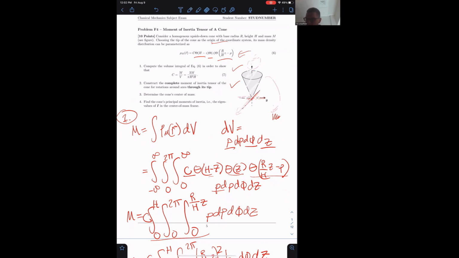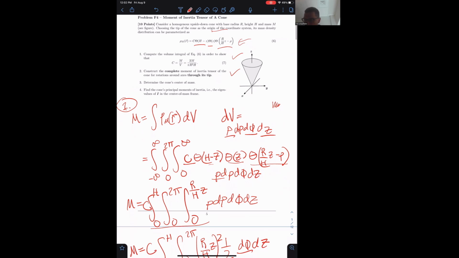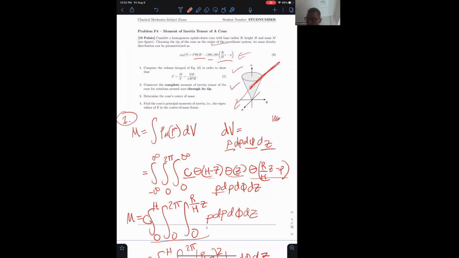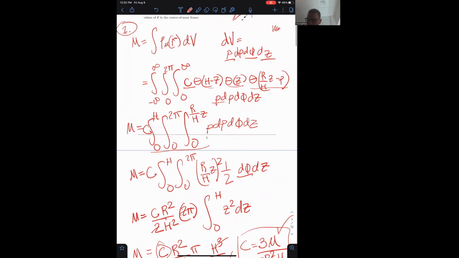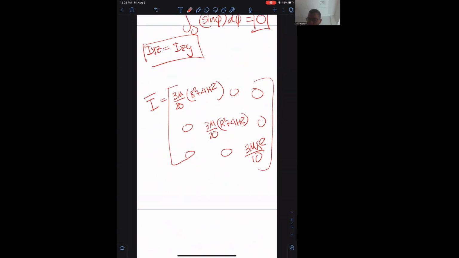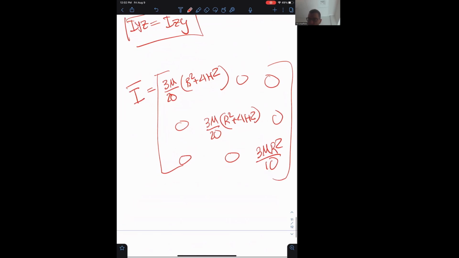Now we want to answer the question of how this all changes if, well, first we have to find the center of mass, which is not very hard, but say the center of mass is something like this. We have to see how the moment of inertia tensor is going to change when we now rotate through its center of mass. So how will this change in a different frame?